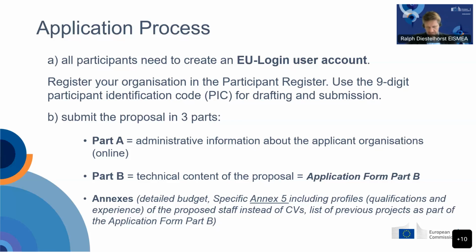And here we come to the next slide, but not yet, please don't move yet. This is very important that we distinguish here which information is supposed to be in which documents. Keep in mind for now, application form part B is the narrative part where you tell us everything about the content of your proposal. And as annexes, we expect from you, in fact, to provide a detailed budget.